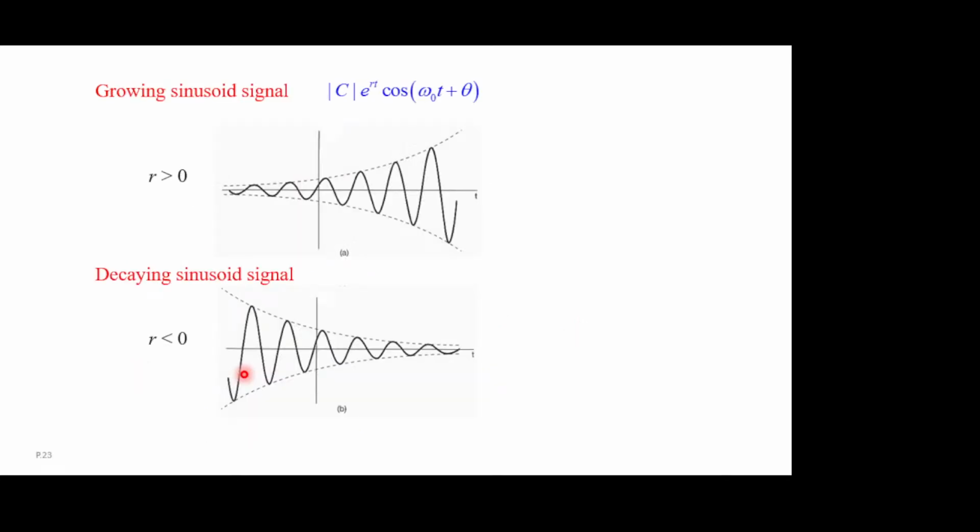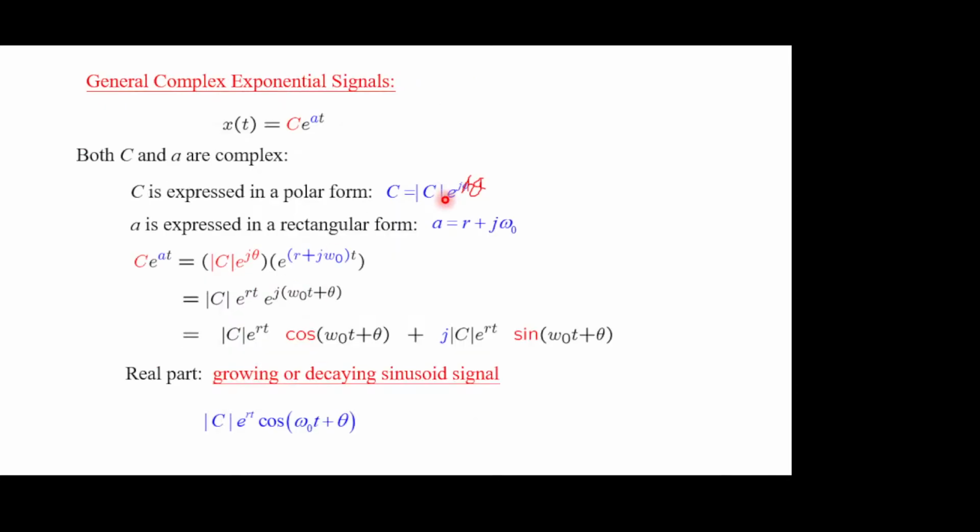Yeah. So when we write C and A in polar form and rectangular form, you can see that you can group things into recognizable parts. So you have this absolute value of C times e to the rt as the amplitude of the function, and then we have the complex exponential.